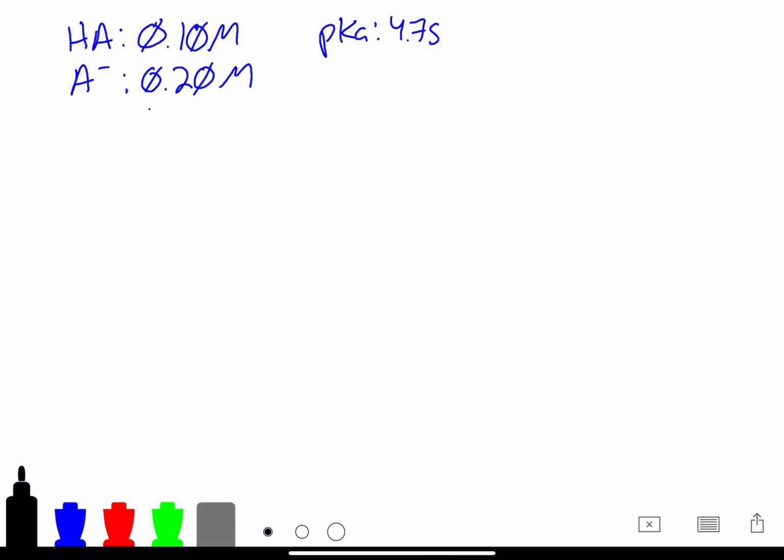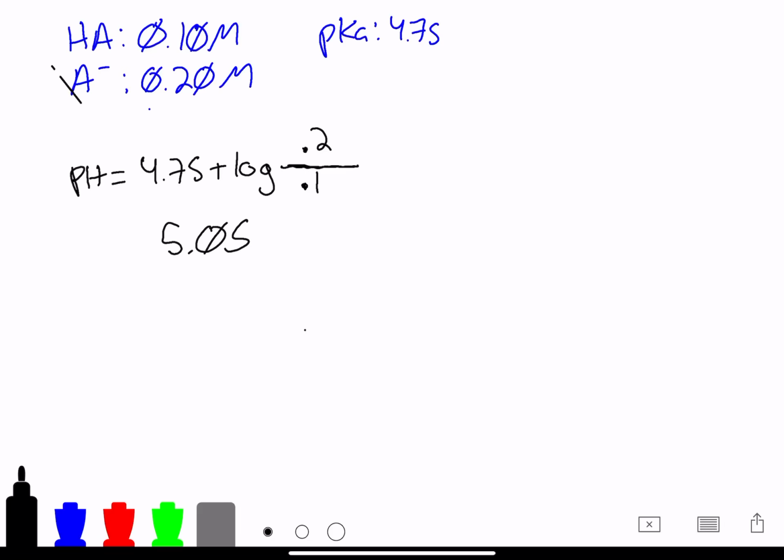The pH is equal to the pKa plus the log of 0.2 over 0.1. Typing that in our calculator, we have 4.75 plus the log of 2, and the answer would be 5.05, and that would be the pH.